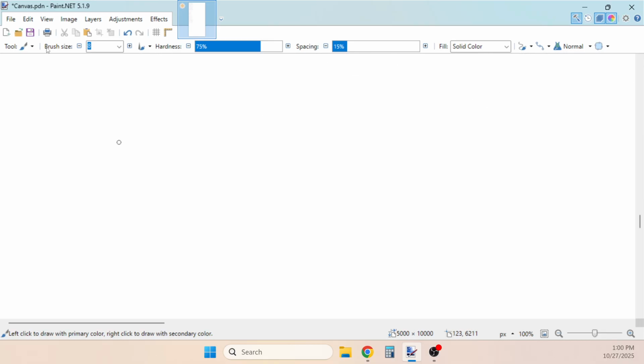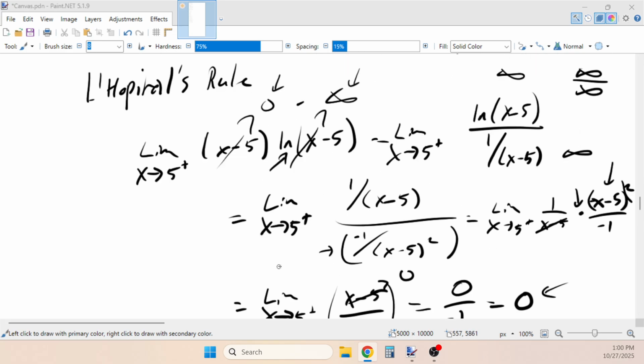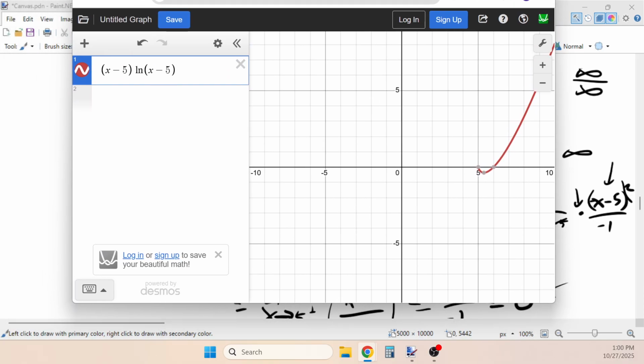Also, I guess we can look at Desmos. Not always, but having a graph can help. Here is the graph.